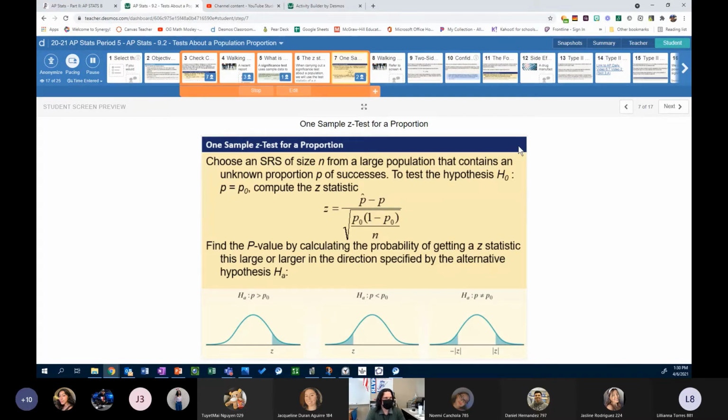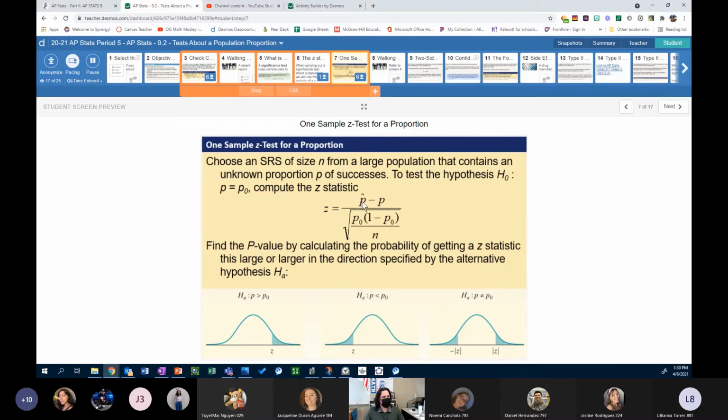We're going to choose an SRS of size n from a large population that contains an unknown proportion p of successes. To test the hypothesis H naught: p equals p naught, we compute the z statistic. So to test our null hypothesis, we must find a z statistic, very similar to a z-score. We'll use it in a very similar way.